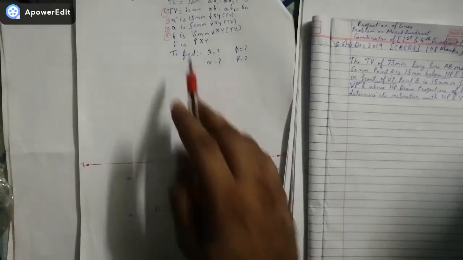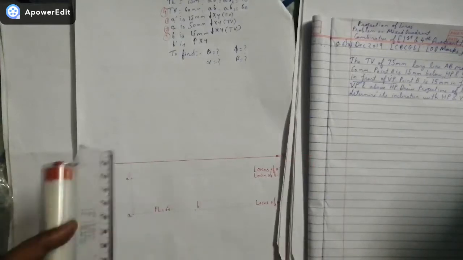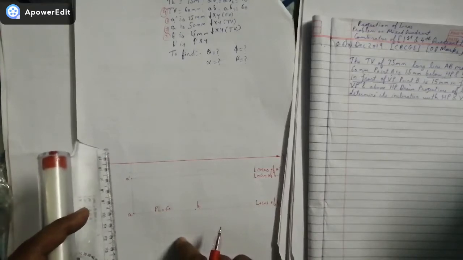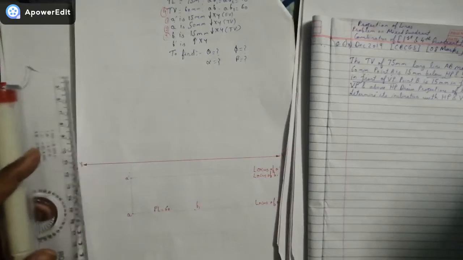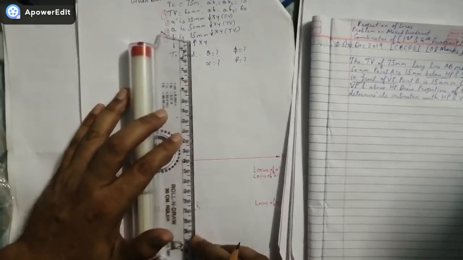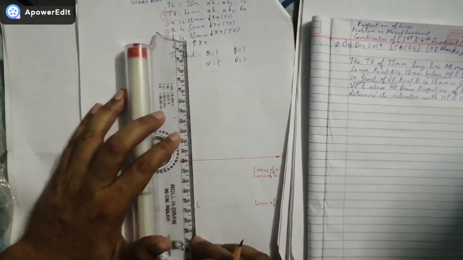Okay, so what I can further mention over here is B is 15 mm below XY, already drawn, and B dash is basically above XY. So if I can see, the projected point of the point B1 will be B1 dash. Now, my dear friends, I will be directly projecting this B1.